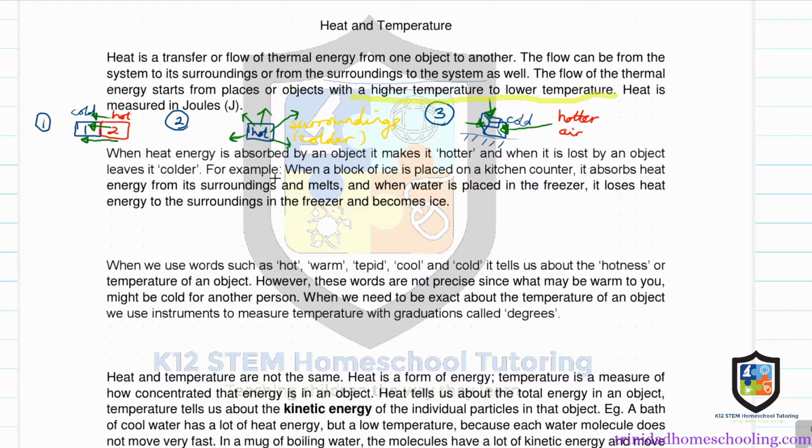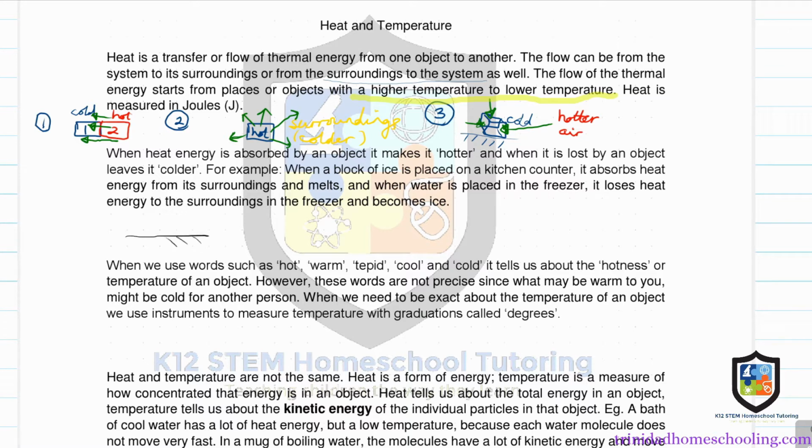Now, when heat energy is absorbed by an object, for example, in example 3 here, it makes it hotter. And when it is lost by an object, it leaves it colder. For example, when a block of ice is placed on a kitchen counter, it absorbs the heat energy from its surroundings and melts. Right? That's what we talk about here. And when the water is placed in the freezer, it loses energy to the surroundings in the freezer and becomes ice. So you could draw a little illustration.